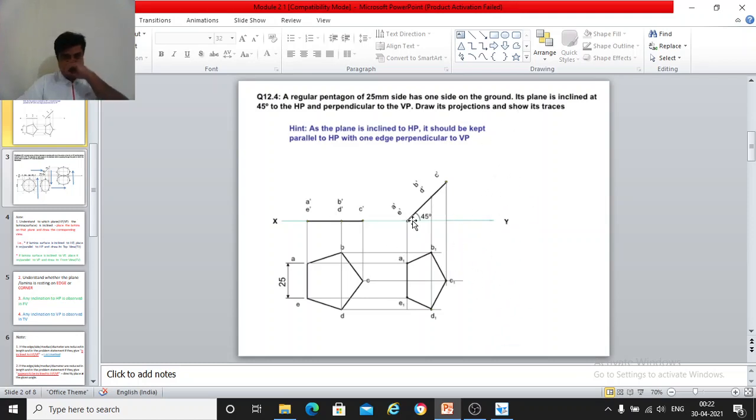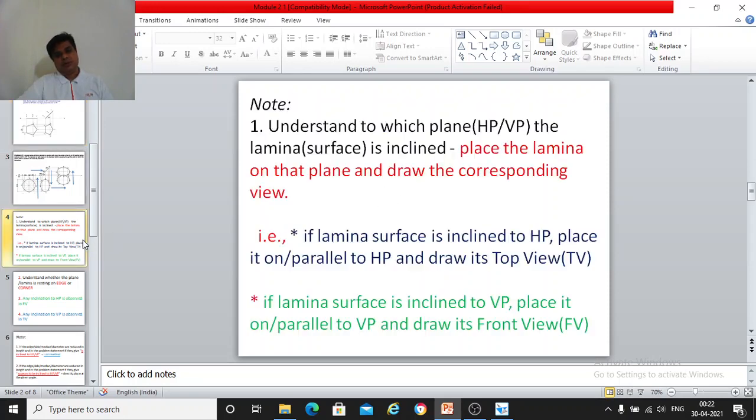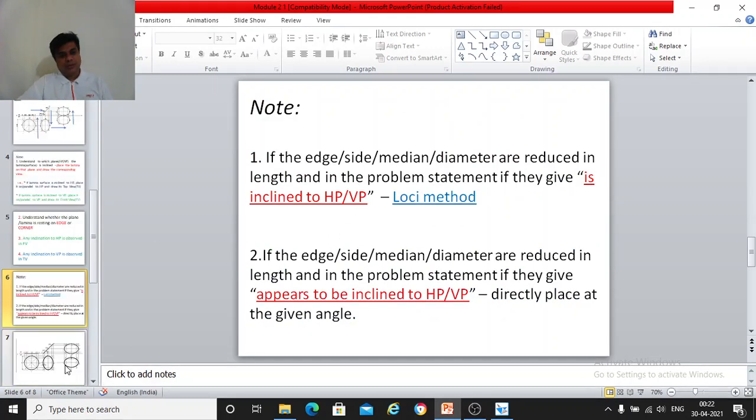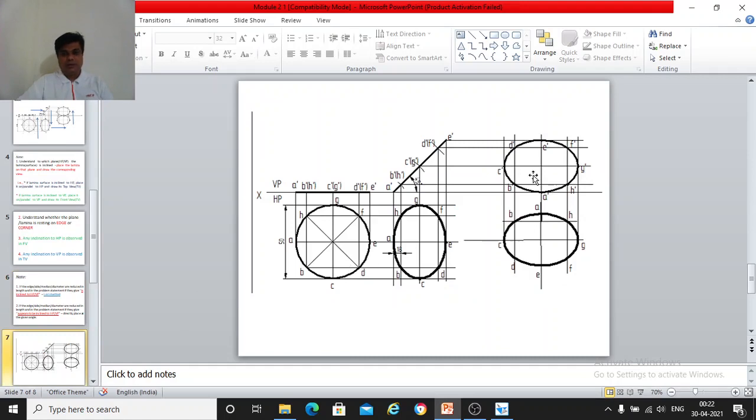So it will be same, the conditions will be same for all the problems, only the shape will be changing. Just follow the procedure what I have told here, okay. All these points we keep it in mind and just follow the procedure, you will get the final front view and top view.